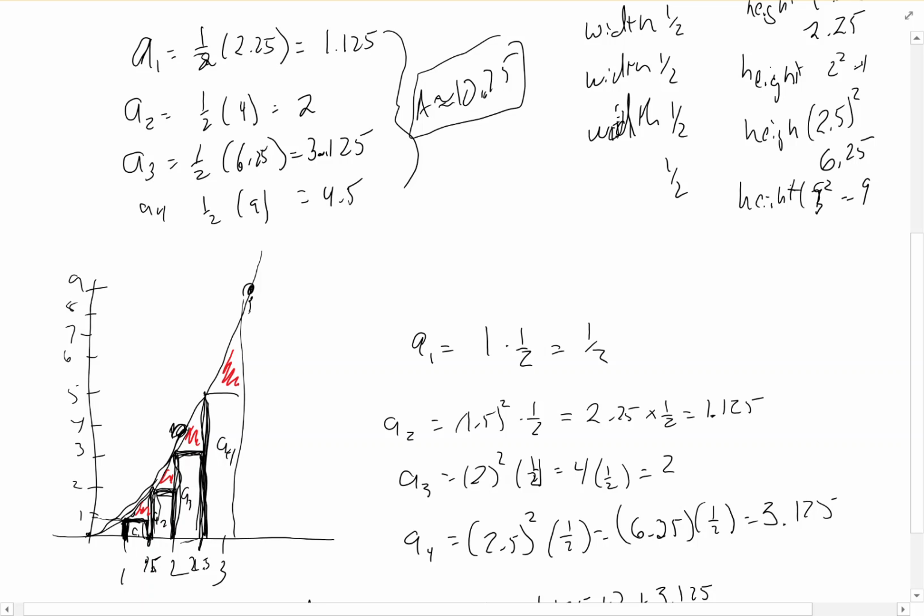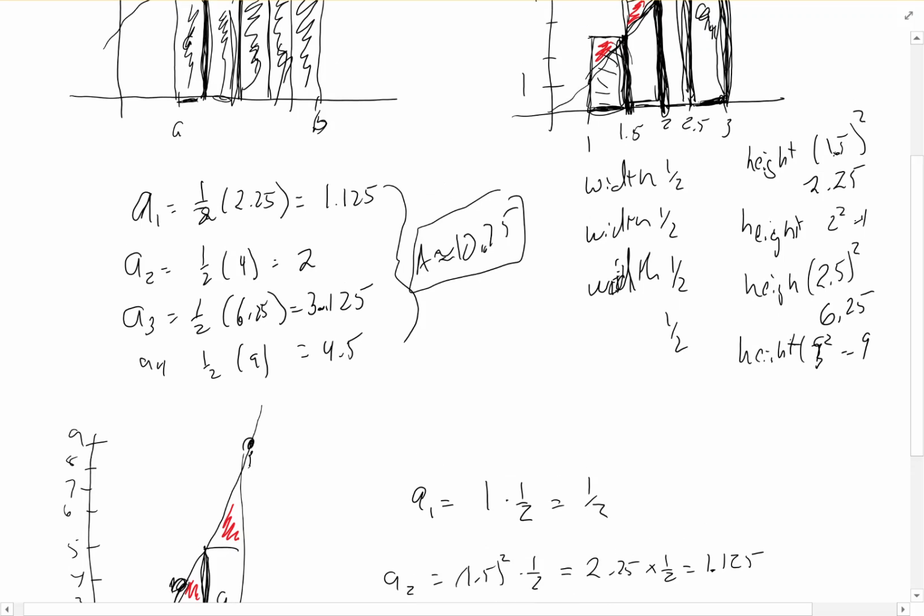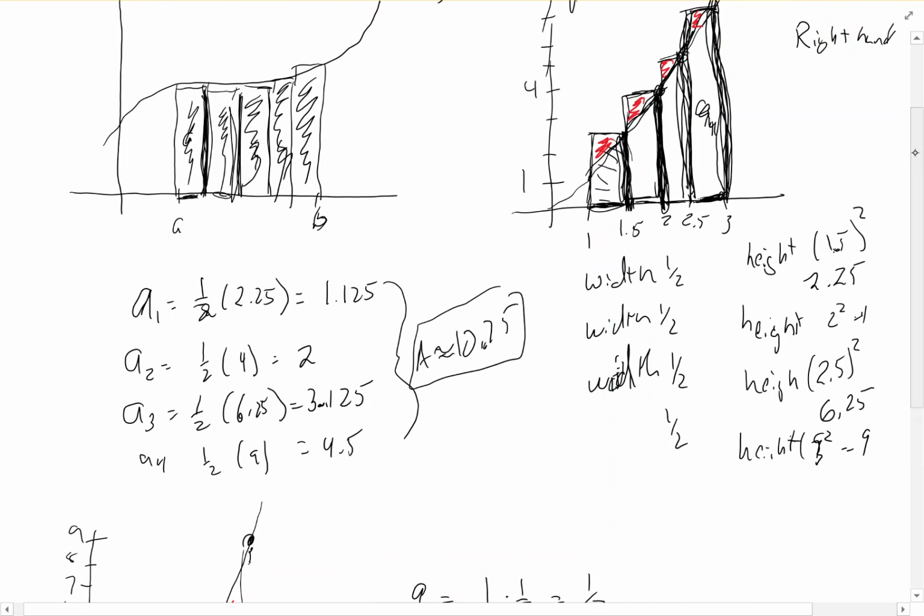I could get a better estimate by using more rectangles, but that's more calculation, more work I have to do. So you kind of have to balance how much calculation you want to do with how many rectangles you want to use to find that area, and how accurate you want to be.